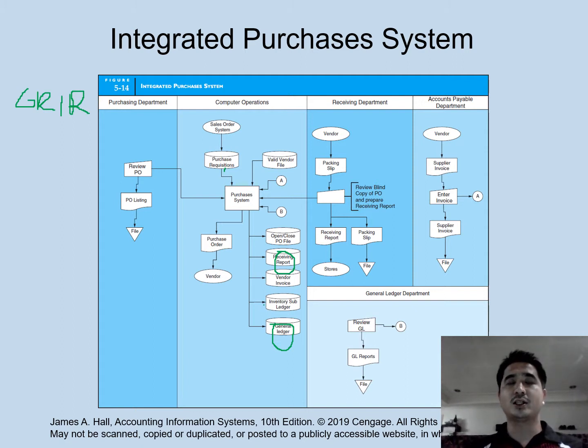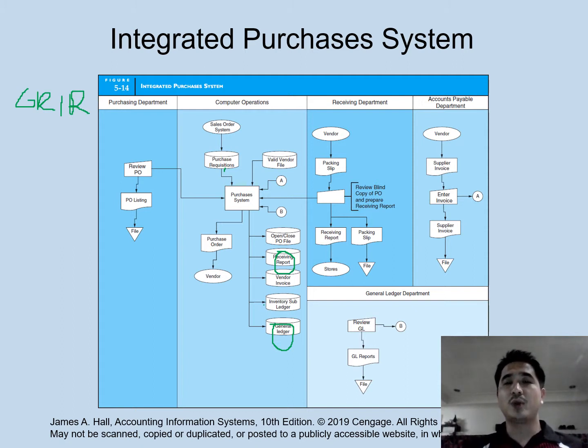The GRIR stands for goods receipt, invoice receipt. In here, when the goods are received, the entry will be inventory credit GRIR account. The GRIR account is basically a temporary expense account, meaning this account is temporarily used, but it should be closed at year end.